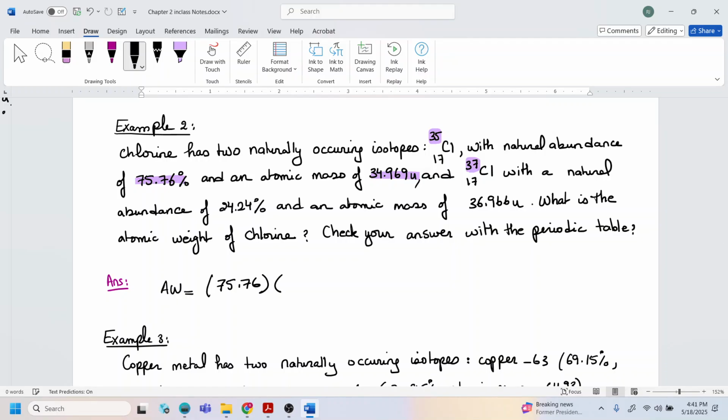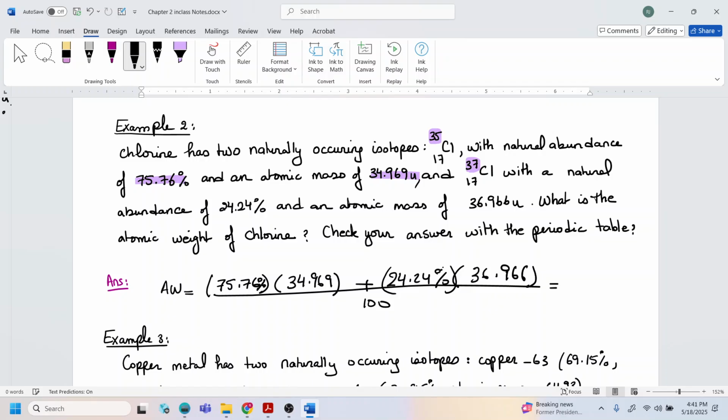This is the percentage multiplied by the mass, 34.969, plus for chlorine 37, the second isotope, it is made up of 24.24%. Let's put the percent over here, multiplied by 36.966, and the whole thing is divided by 100. So please don't forget to put 100 in there.